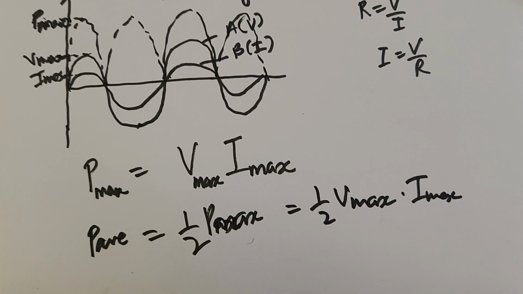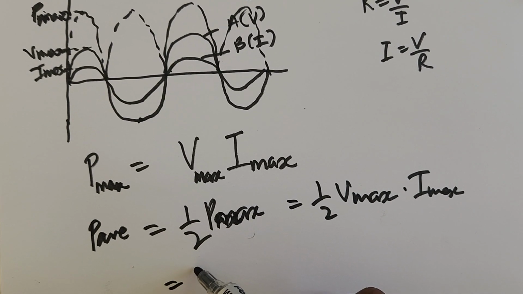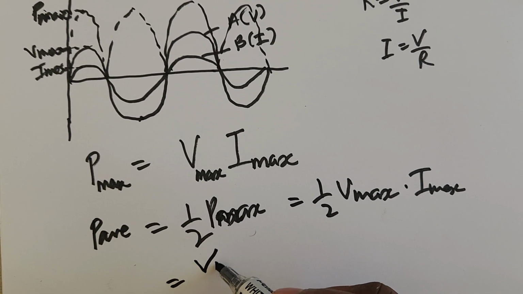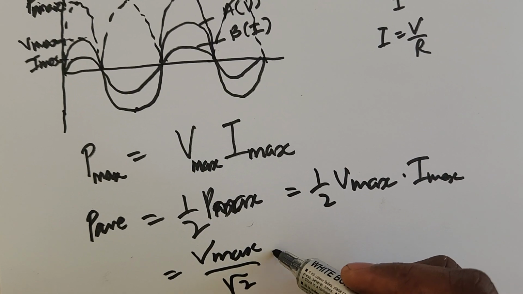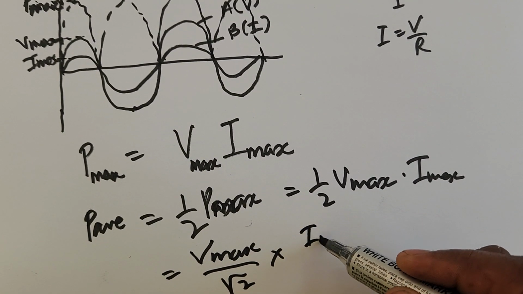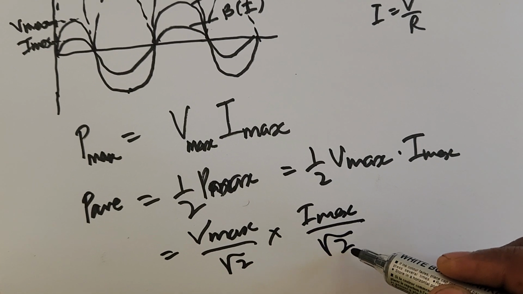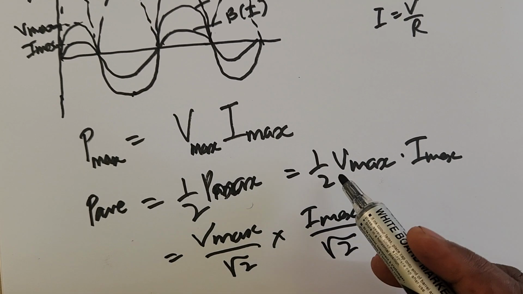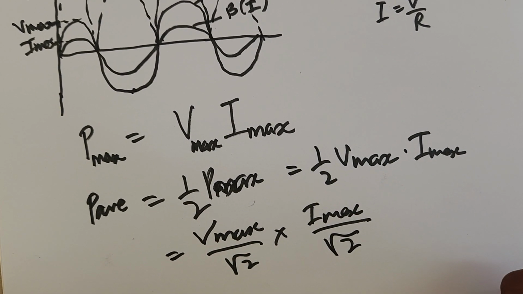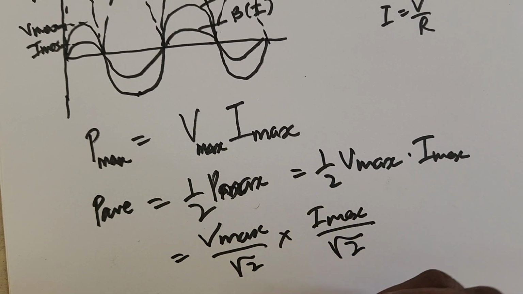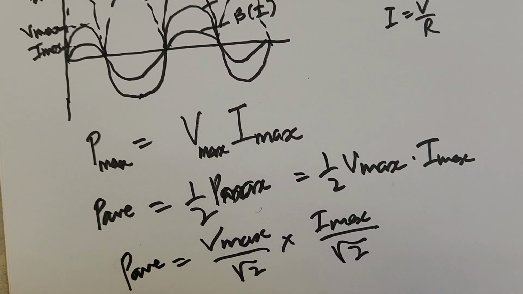If we do further maths manipulation, this will be the same as V max over root 2 multiplied by I max over root 2. We know that root 2 multiplied by root 2 is 2, which comes back to 1 over 2. Therefore this is the P average.